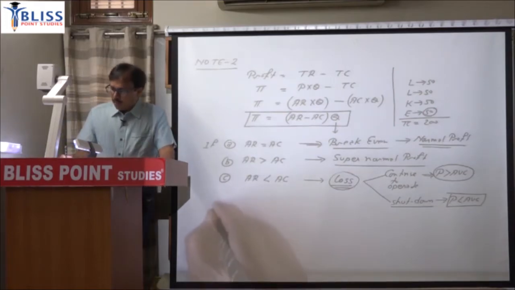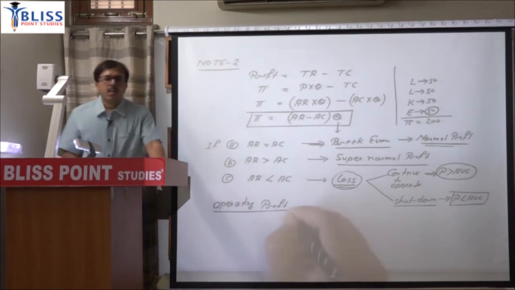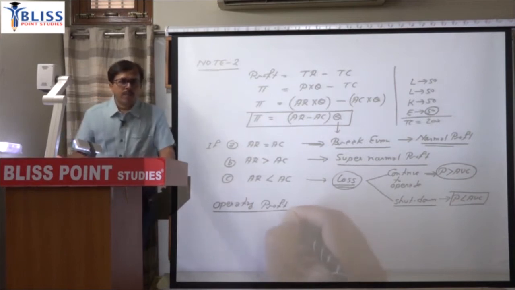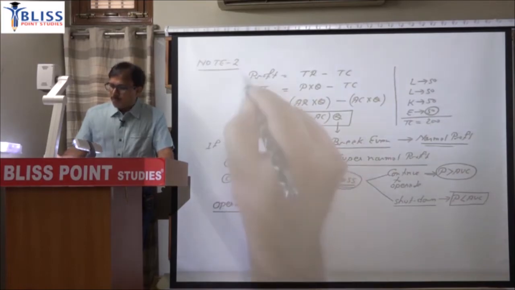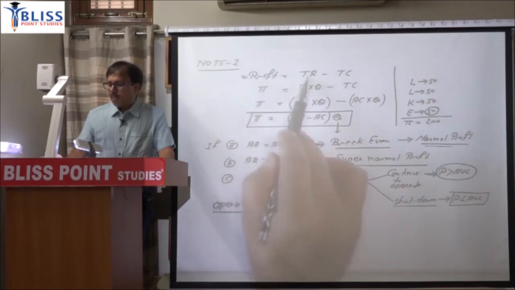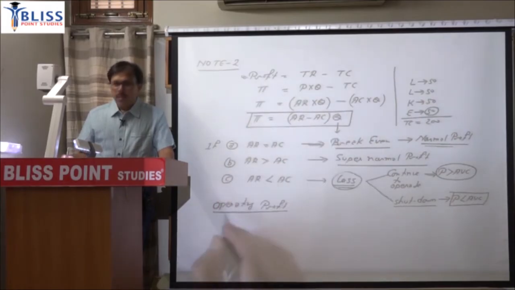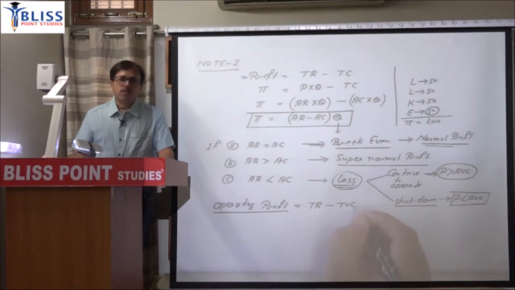And the reason is, in order to operate, the firm must have operating profit. To operate, the firm must have operating profit. And this concept of operating profit is different from this profit. Normally, when you calculate profit, it is TR minus TC, but when you calculate operating profit, that is total revenue minus total variable cost only.